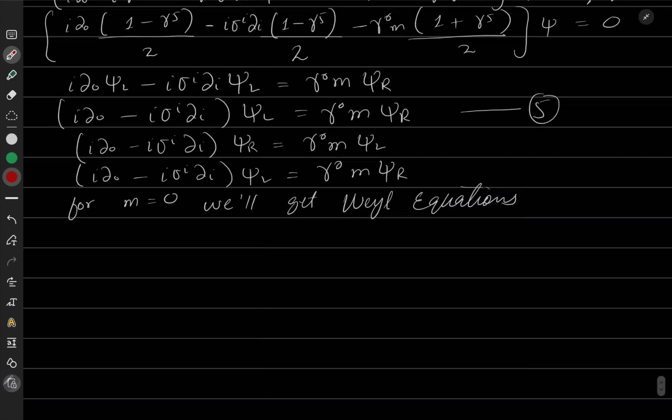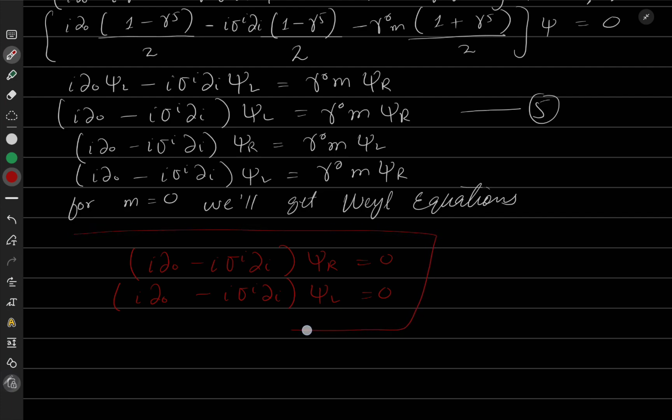So this is our conclusion. iota d0 minus iota sigma I di multiplied by psi L is equal to 0 for m equal to 0, and similarly iota d0 minus iota sigma I di psi R is equal to 0. So these are the Weyl equations separately for the right-handed and the left-handed particles. Okay, see you next time.